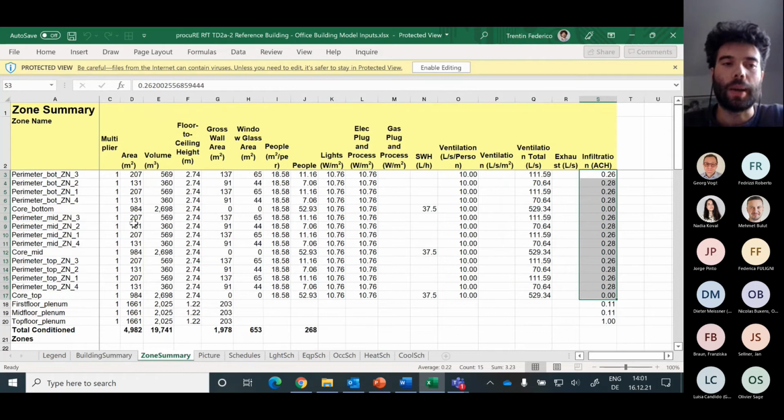Then we have a zone summary sheet in which for each zone of the building indication in terms of nominal number of people present in the various zones, or indication about the nominal power for the lighting system and for appliances, as well as indication about ventilation and infiltration are reported.